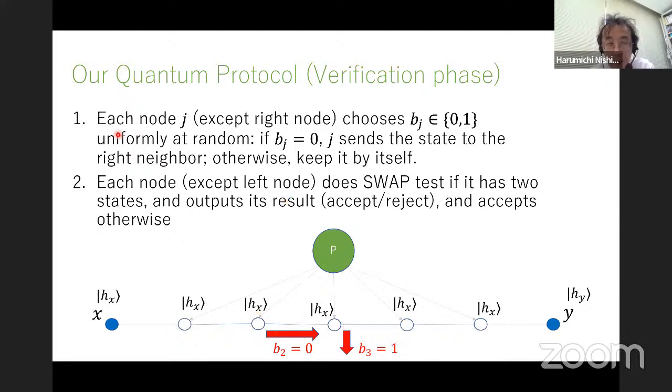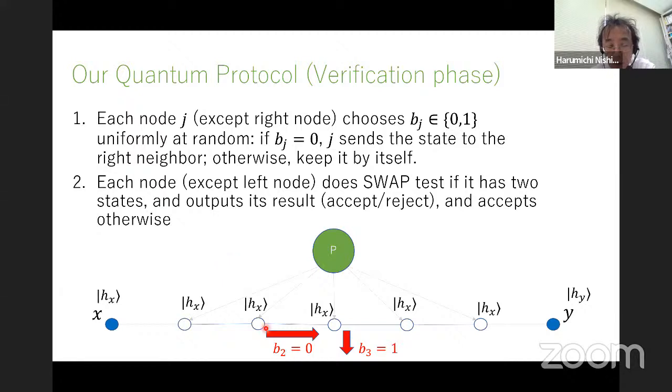In fact, each node J chooses a random binary value, and if the value is 0, then J sends the state to the right neighbor. Otherwise, this node keeps the fingerprint.